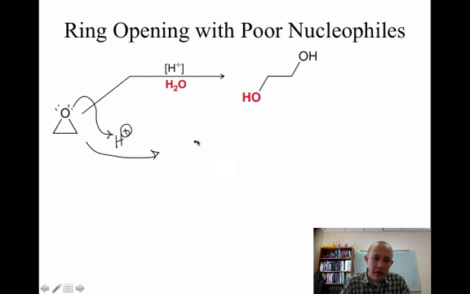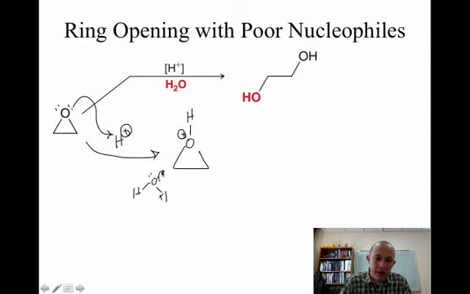So with a good nucleophile, like in the previous slides that I was showing, you don't need to make this into any better of a leaving group. But with a crappy nucleophile like water, now we need a good leaving group in order to make this happen, right? So now water, which is a crappy nucleophile, can attack the carbon and open this thing up because now we have a good leaving group. So now our product is going to look like this.